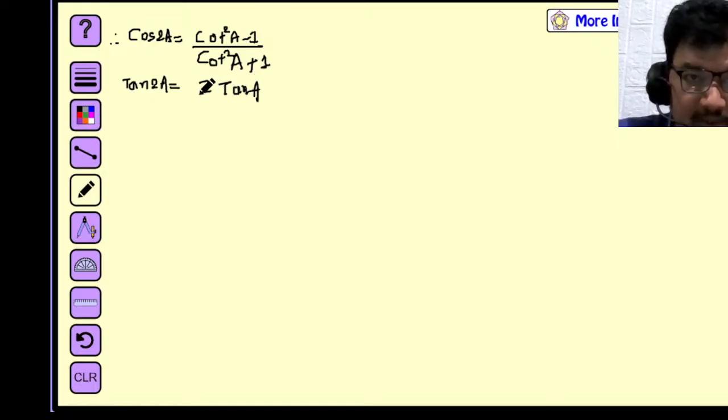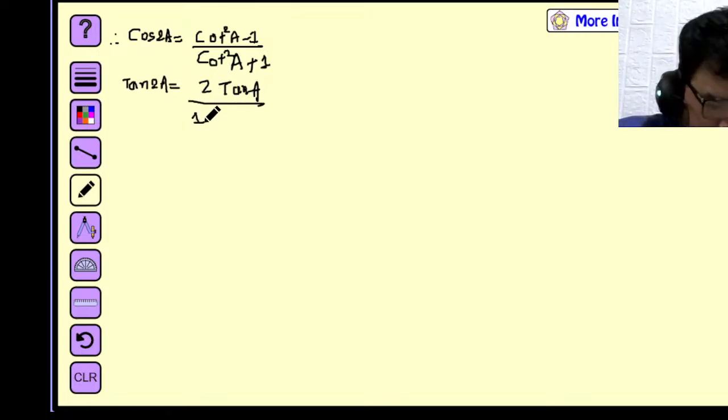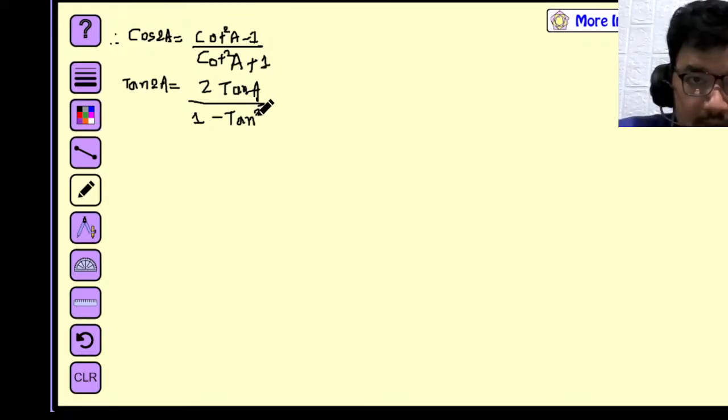Sometimes this question can be given like this to prove how tan 2a equals 2 tan a by 1 minus tan square a comes.